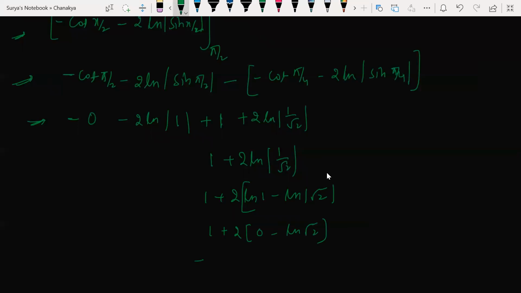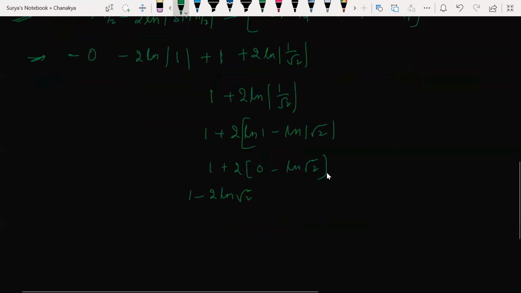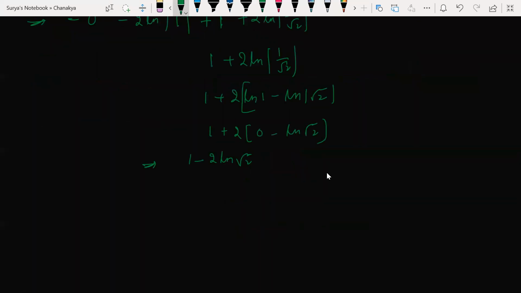So 1 minus 2 ln root 2. This is also correct. Now this can be written as 1 minus 2 into ln of 2 to the power of 1 by 2, and the 2 will get cancelled. Answer is 1 minus ln 2, also correct.